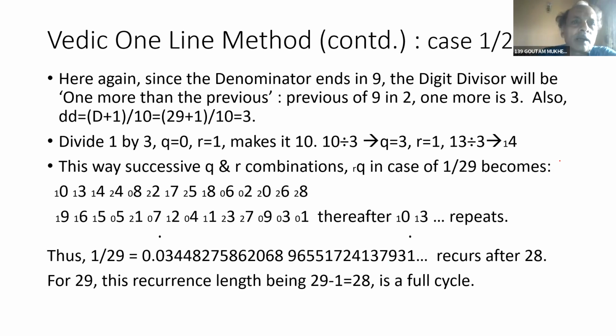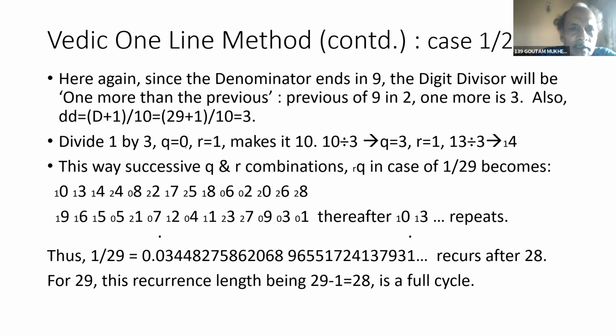Now come to 1 by 29. In the case of 29, what should be the digit divisor? The digit divisor will be 1 more than the previous digit. The previous digit of 9 is 2, and 1 more is 3. Also by this way you can do it: D plus 1 divided by 10, 29 plus 1 divided by 10 is 3.